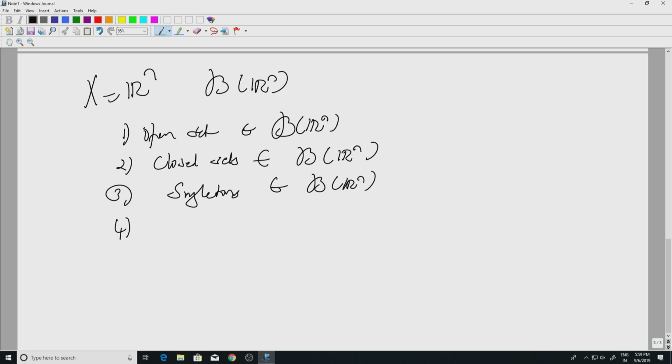So, let us look at the real line a bit more closely and look at the set, the open interval (0, 1 plus 1 by n). Let us call this A_n. This is an open interval, so of course it belongs to the Borel sigma algebra of the real line. Now, let us look at the intersection.